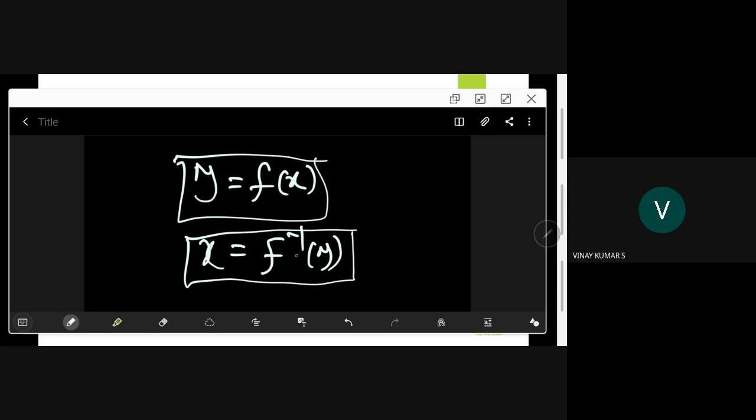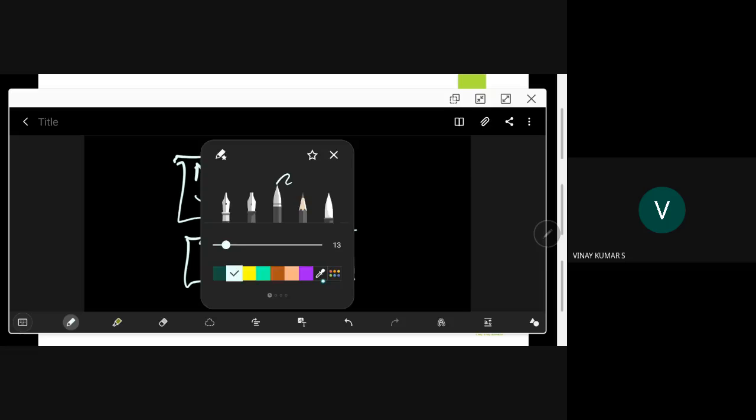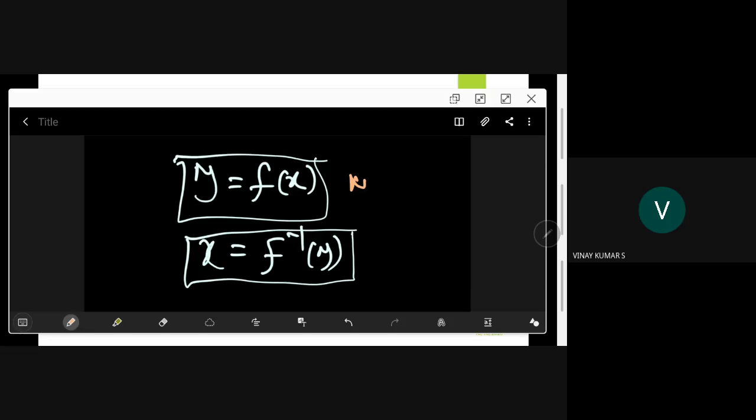In all other cases, you cannot talk about invertibility. Invertibility means y can be expressed in terms of x, and then x can be expressed in terms of y explicitly. For example, if you have y is equal to e power x, then you can always write x as log y to the base e.